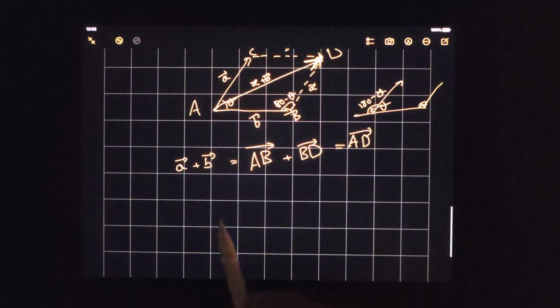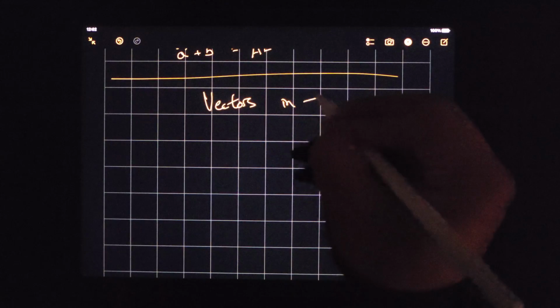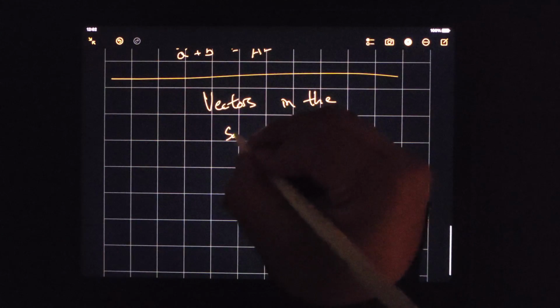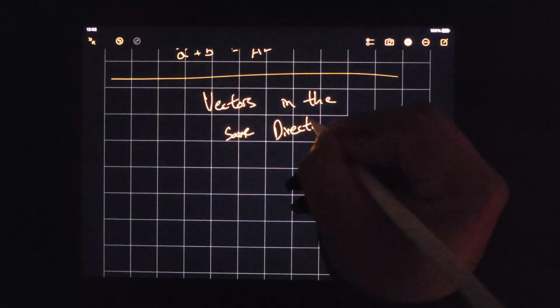We can do vectors in the same direction.